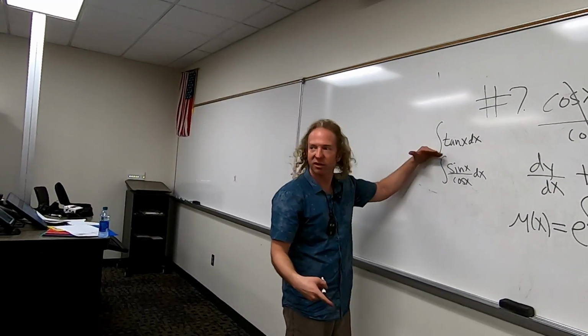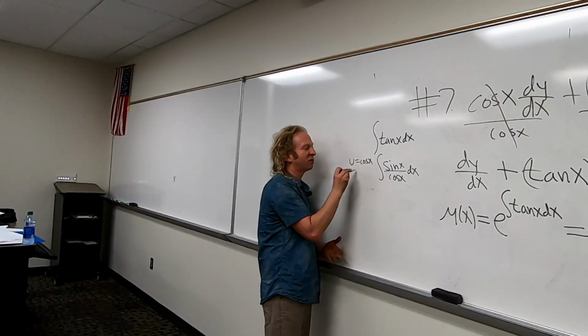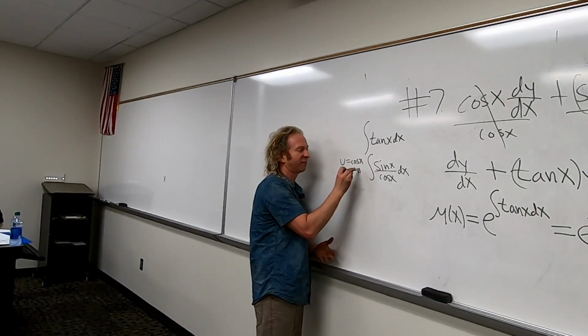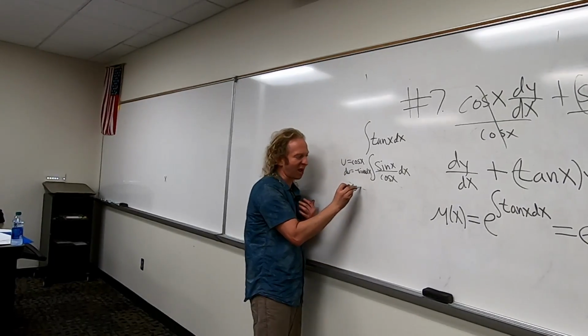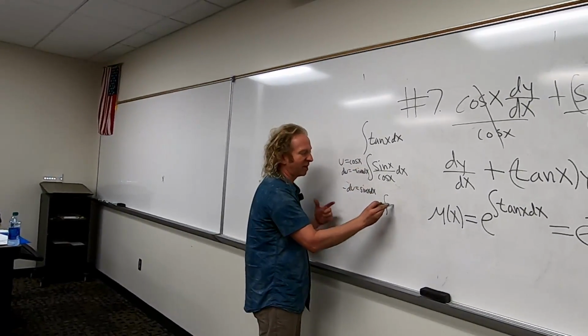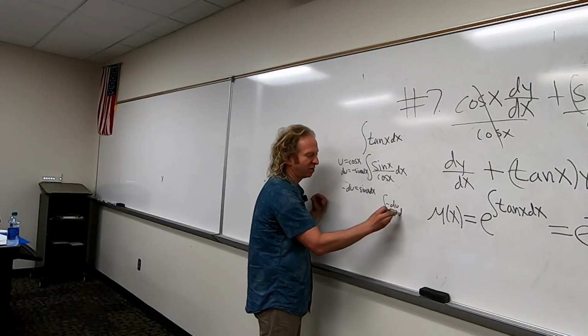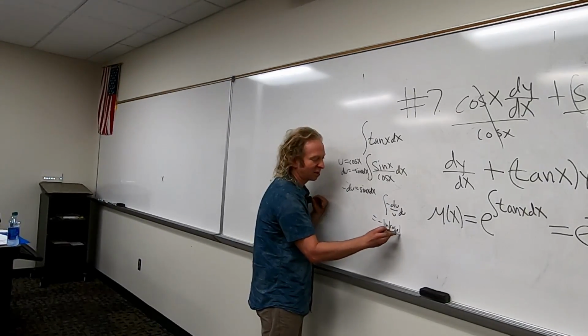So if you think about it like this, you can let u be cosine. So then du is negative sine. But then you have to get rid of the negative, right? So you do this. I actually don't do all this in my head, but I think, okay, so that's going to become negative du over u. So that's going to be negative ln u, but u is cosine x plus c.